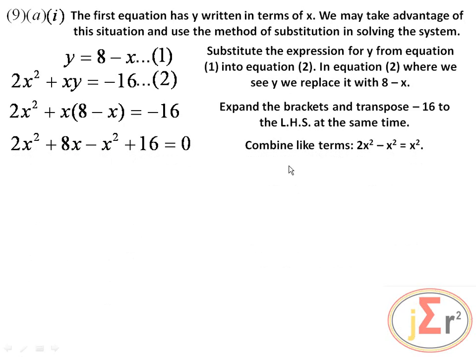Continuing, we combine like terms. 2x squared minus x squared is x squared. That gives x squared. And this remains the same, and also this. Well, some candidates may recognize immediately that this is a perfect square.